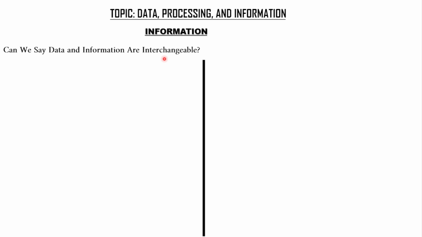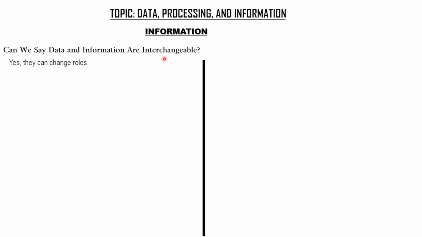For example, you may use a pen to write and later use a pencil to do the same task, which is the writing. In that situation, they became interchangeable, right? So yes, data and information can change roles, right?